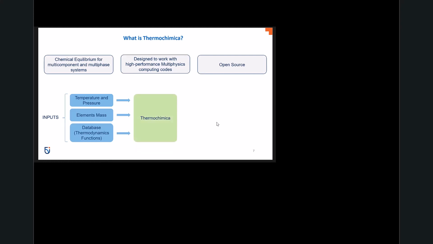Then THERMOCHIMICA will minimize the energy of all possible species that may form, and I will have the molar phases, the species mole fractions, and way more: heat capacity, enthalpy, and many other properties that may be available to be used. So these are the outputs.